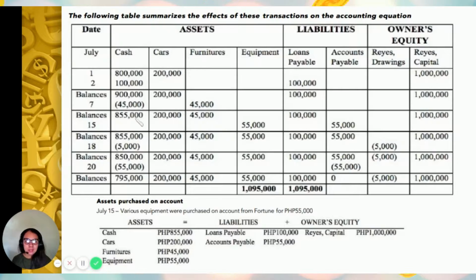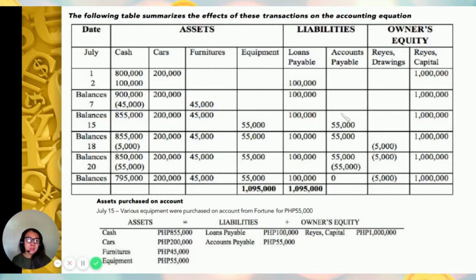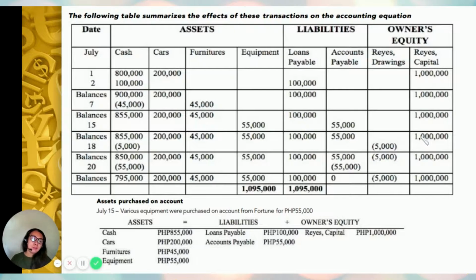So our balances now: no change in cash, no change in car value, no change in furniture value. Now we have an additional account, equipment of 55. And then the same value for the loans payable. And then we have a new account, accounts payable, here for 55,000.